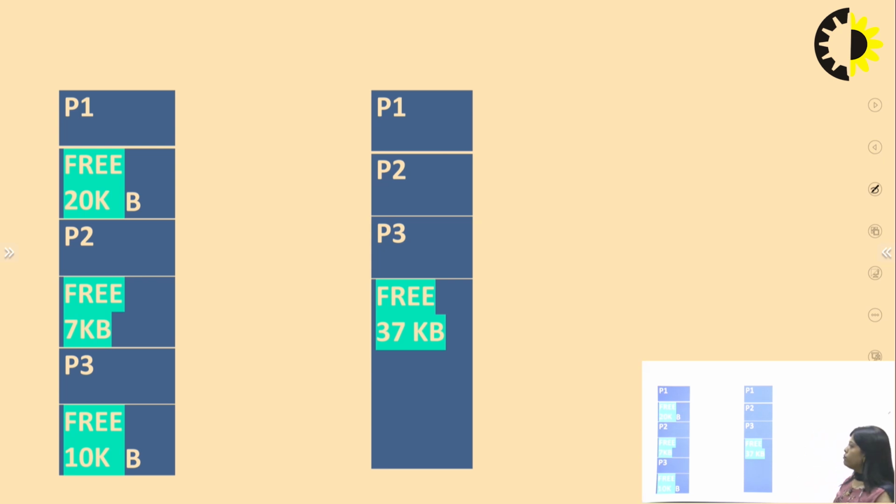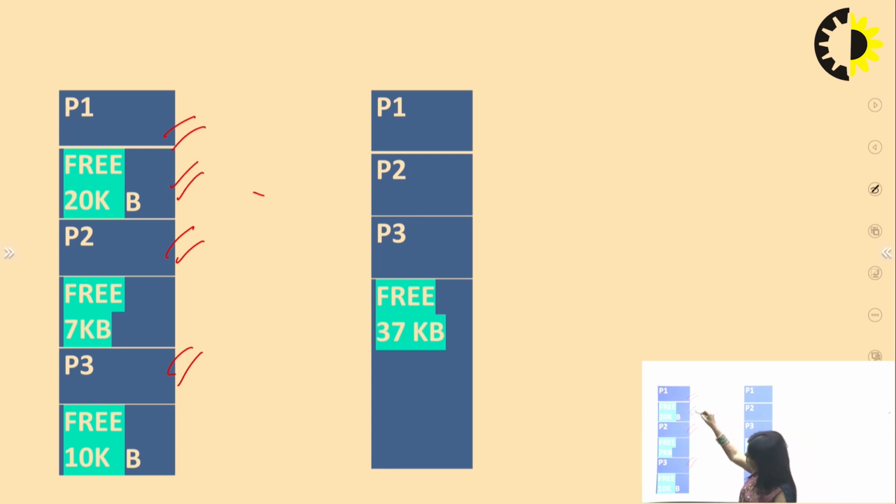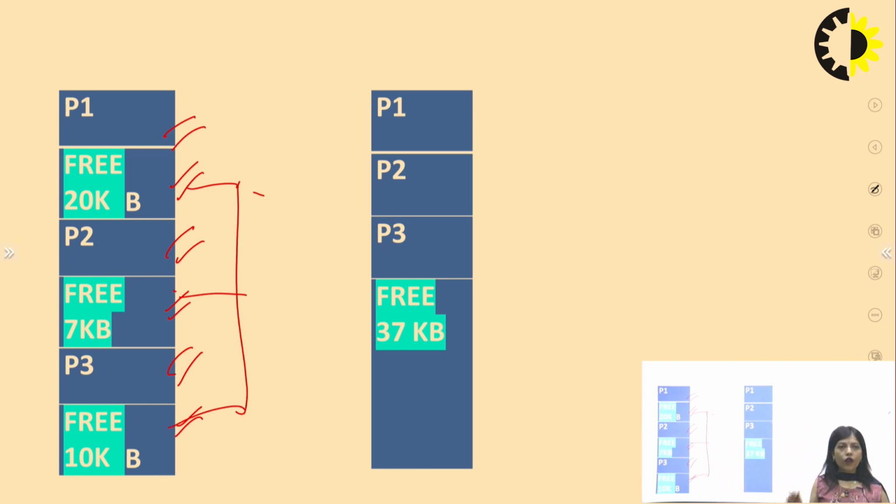For example, we have processes P1, P2 and P3. In P1 we have a free space of 20 KB, in P2 a free space of 7 KB, and in P3 a free space of 100 KB. So we combine all three areas into one big one.